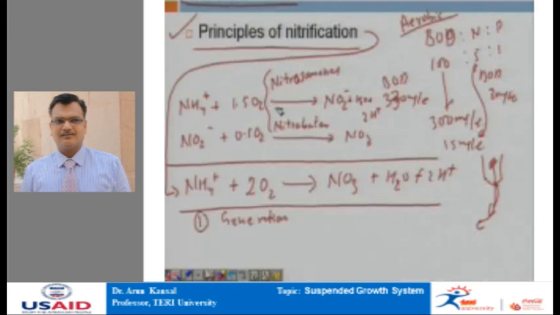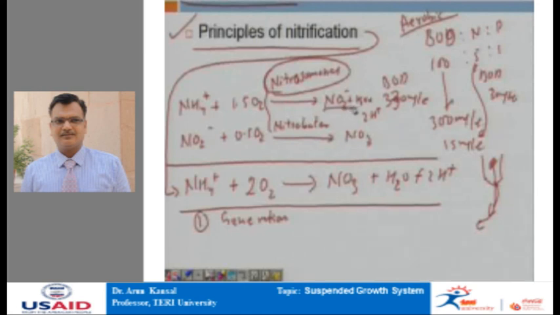Second, this is a series step. If you compare with organic matter, there are different sets of organisms working parallelly: yeast, fungi, bacteria, rotifers, protozoa, and so on, a variety of organisms are working parallelly on the organic matter for its degradation. Whereas, in conversion of ammonia into nitrates, it is a stepwise process: first a peculiar set of organisms known as Nitrosomonas has to convert ammonia into nitrites.